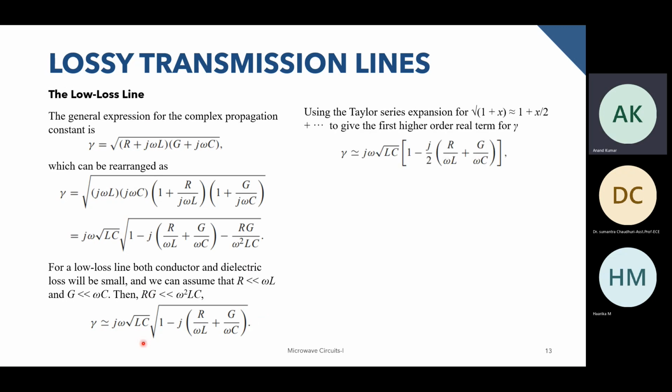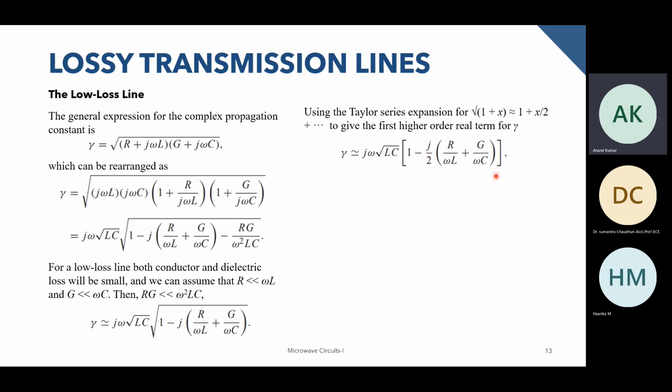Now again, we can use the Taylor series expansion for root under 1 plus x, which approximately gives 1 plus x by 2 plus some higher order terms. Using this expansion, we can remove this square root and write this term over here. We ignore the higher order terms, so the square root goes away, and we have this j by 2 over here.